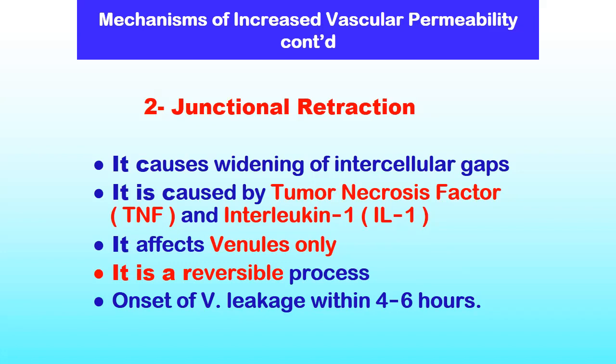While in junctional retraction, the chemical mediators are tumor necrosis factor and interleukin-1, and the vascular leakage begins within 4 to 6 hours after injury and does not begin immediately after injury.